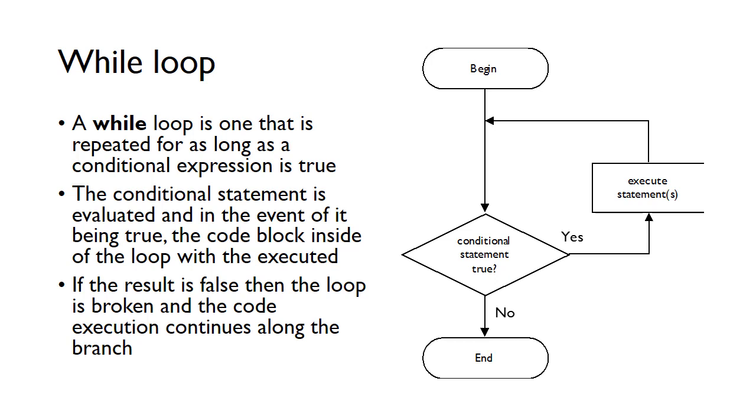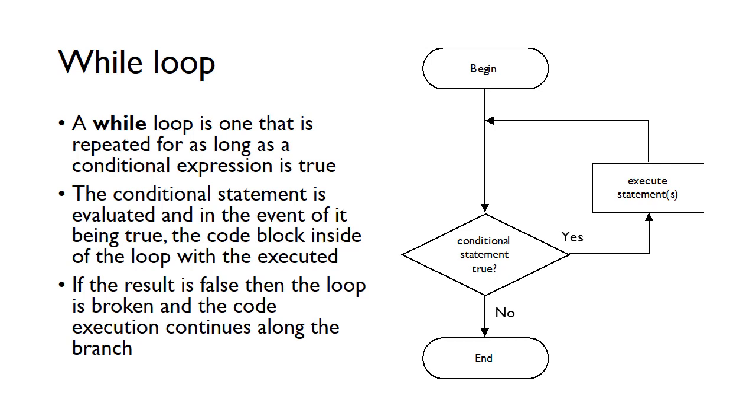So there's a conditional statement that gets evaluated, and if it's true, an associated code block inside the loop is executed, and then the conditional statement is evaluated again. If it's true, the statement's executed again, and this goes on and on until the statement is no longer true, and then we drop out of the loop.